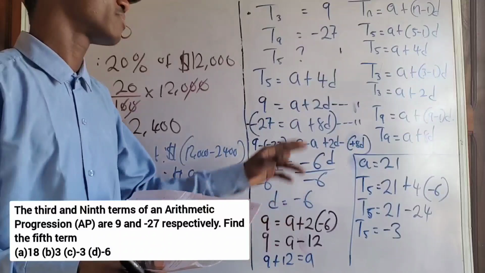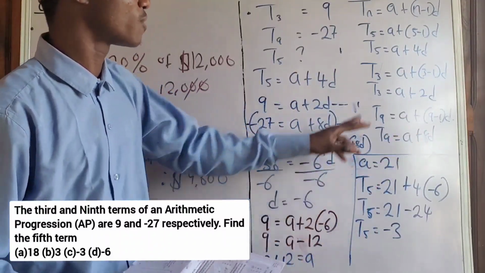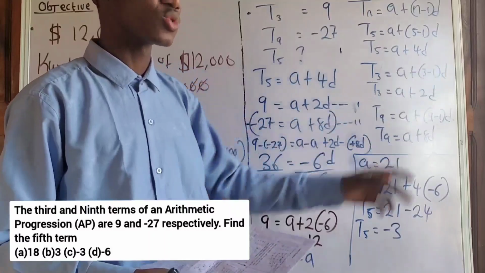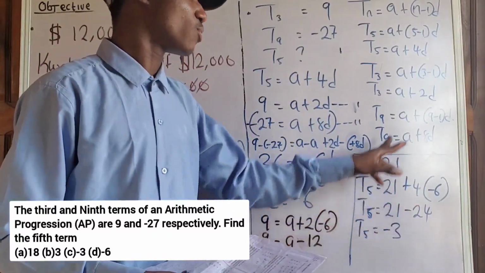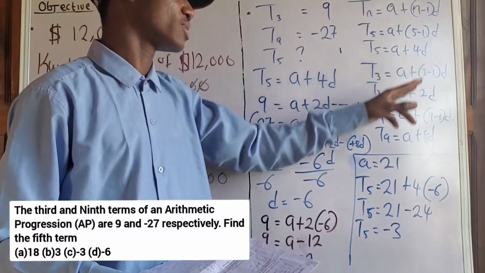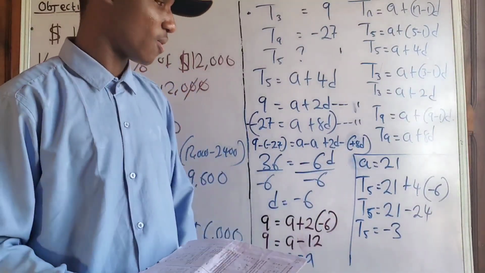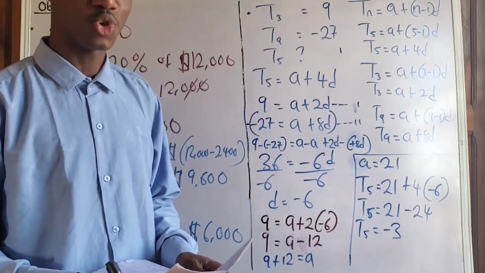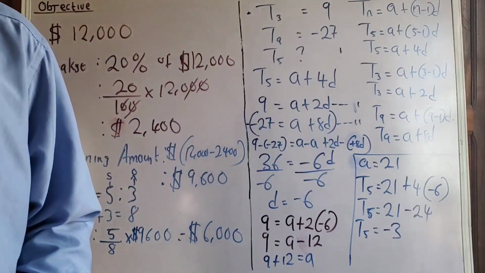I discovered that to get the fifth term, I need the values of A and D. So from what I was given, I calculated A and D, then substituted into A plus 4D. So I have 21 plus 4 multiplied by negative 6, and I got the fifth term as negative 3. Do you understand? Okay, so let us proceed to the next question.